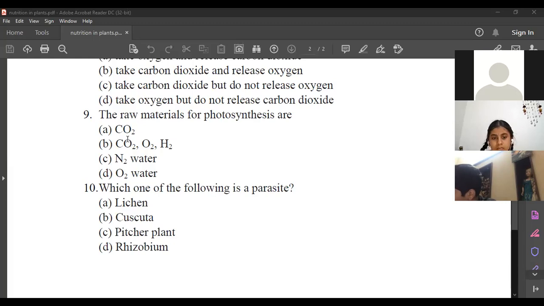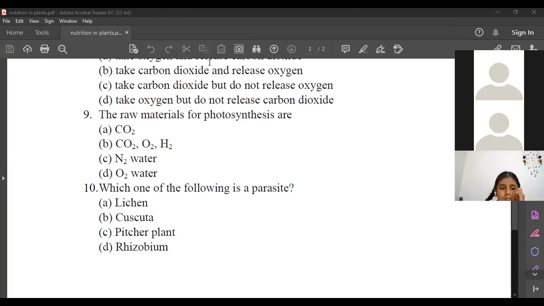What is the name of that indicator? Very good, Raghav. Aditi, the answer is litmus paper, right? We can obtain litmus paper, which is an acid-base indicator, from lichens only.